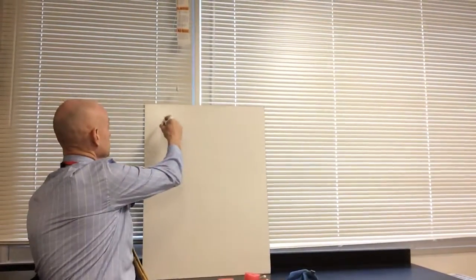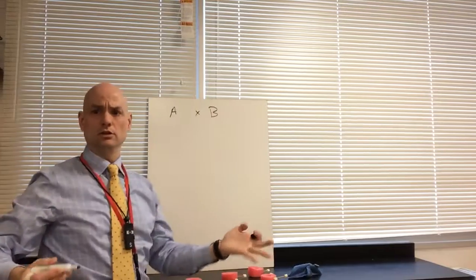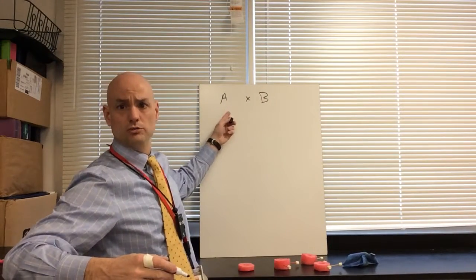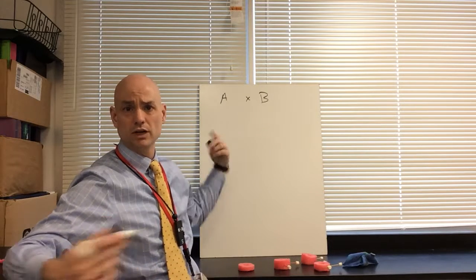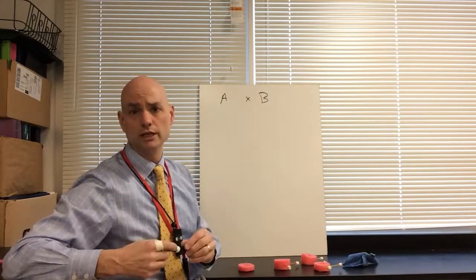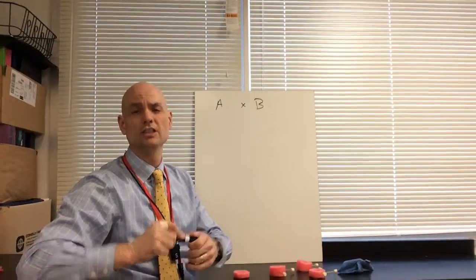So we have someone who's type A. We're going to cross them with type B. Now, of course, we don't know if this is homozygous or heterozygous, okay? So we're not sure right now. So let's just assume that they're homozygous, let's start with homozygous.